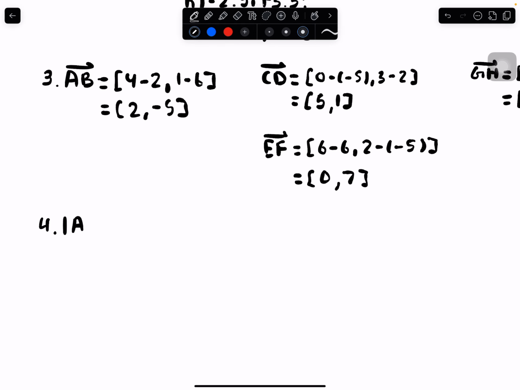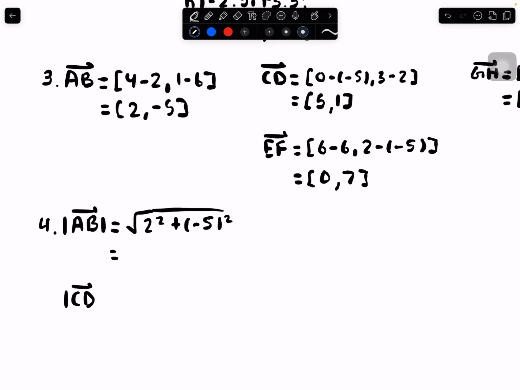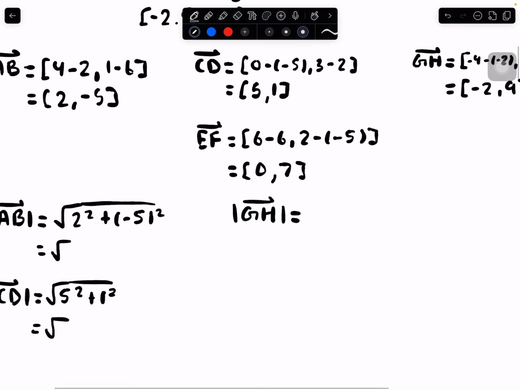All right, so A, B. And this is just using Pythagoras' theorem. Not too difficult. Make sure to put these single braces to indicate that we're taking a magnitude.